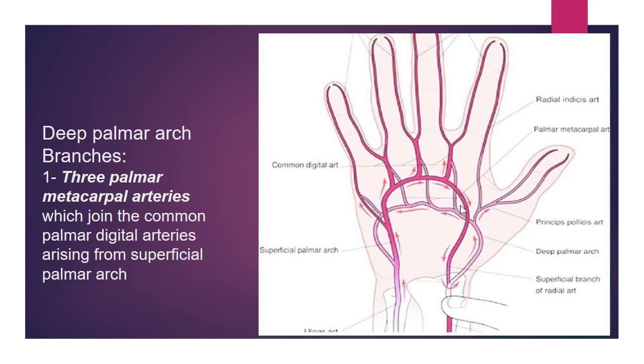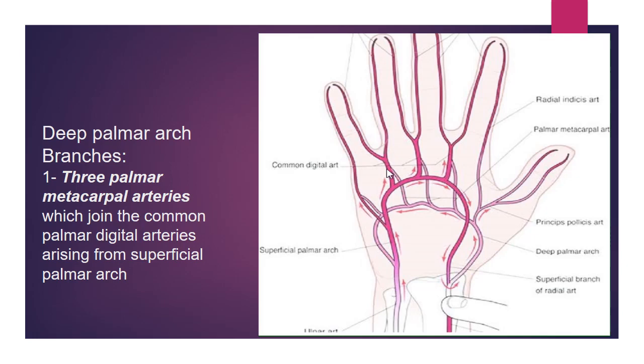From the convexity of this palmar arch, there arise 3 palmar metacarpal arteries, 1, 2 and 3, which run distally in the second, third and fourth spaces.